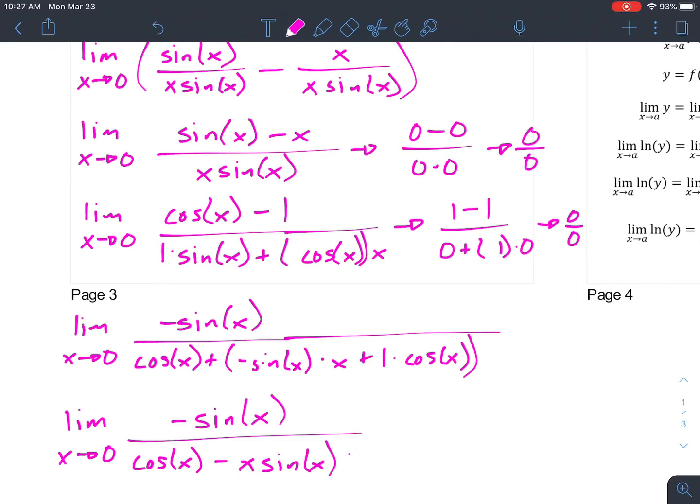And I'm already starting to see some good things here. We will no longer have 0 in the denominator. What we'll get when we put in 0 is we're going to get 0 on top. On the bottom, it's going to be 1 minus 0 plus 1. And the value of this limit is going to be 0.